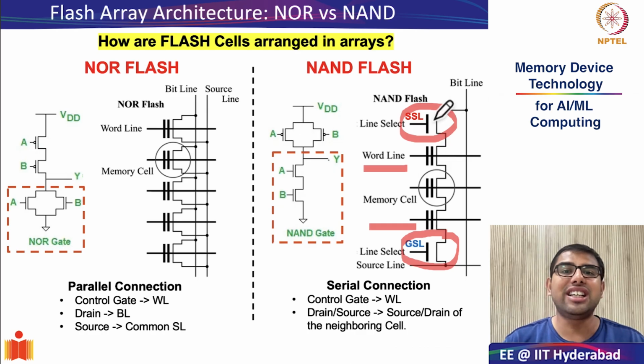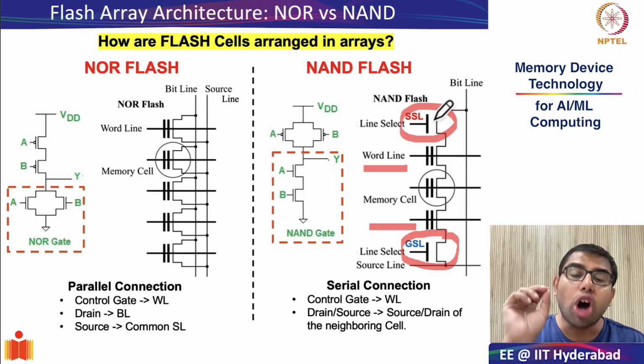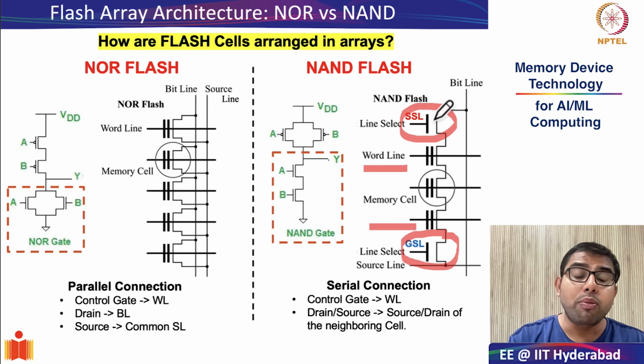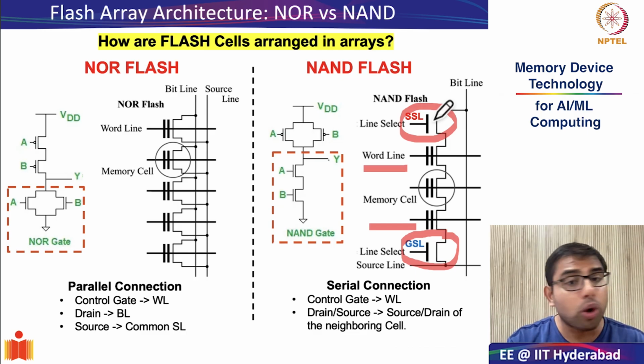So these are essentially not memory cells, but normal transistors. They are called the source select line and gate select line. They are normal logic switches, normal logic transistors, and they will play a very important role when we look at the read, write, erase and program operations of the NAND flash cell.